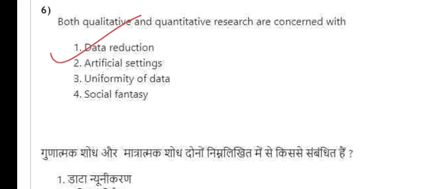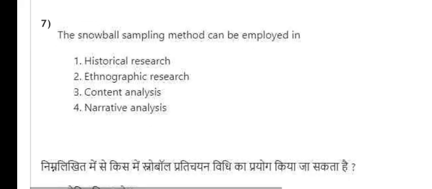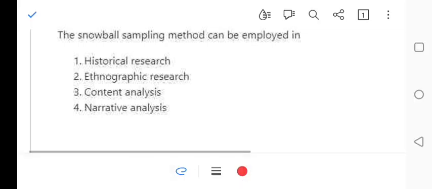It will be data reduction. Next is how the snowball sampling method can be employed in what kind of research? It will be historical research, ethnographic research, content analysis, narrative analysis. It will be ethnographic research.